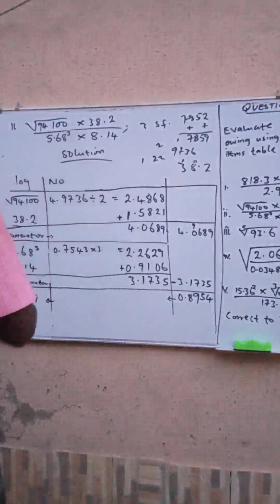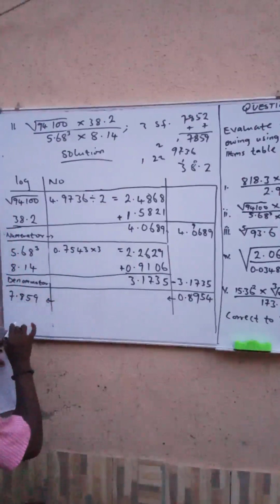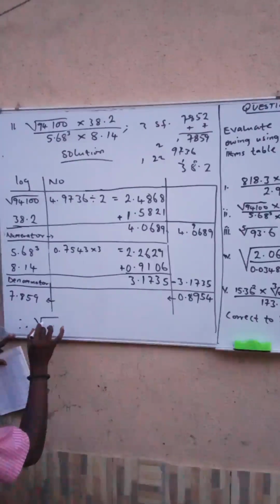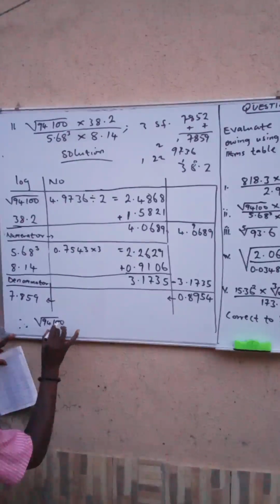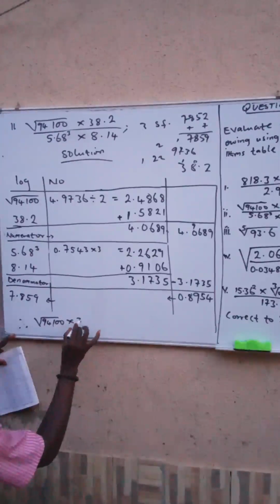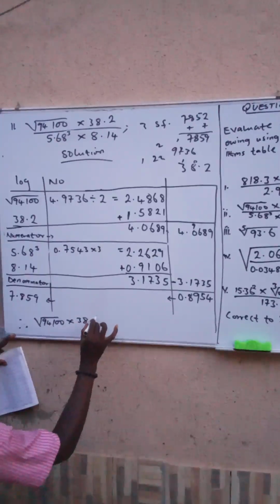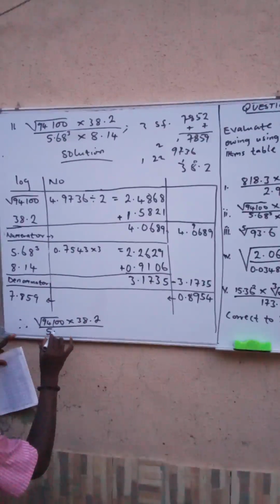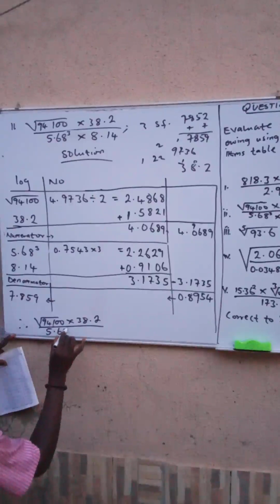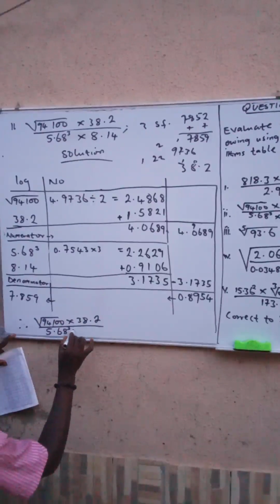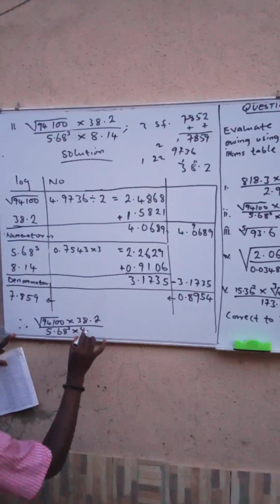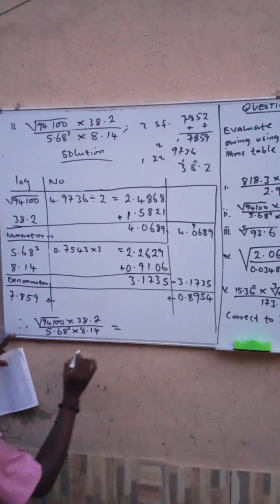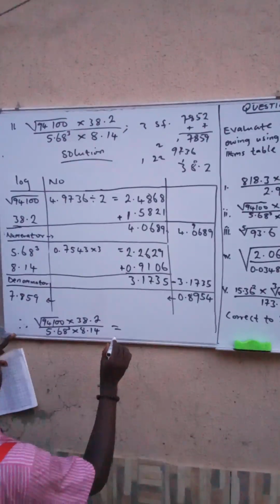Now, can I say therefore the root of 94100 multiplied by 38.2 over 5.683 raised to the power of 3 multiplied by 8.14 is equal to 7.